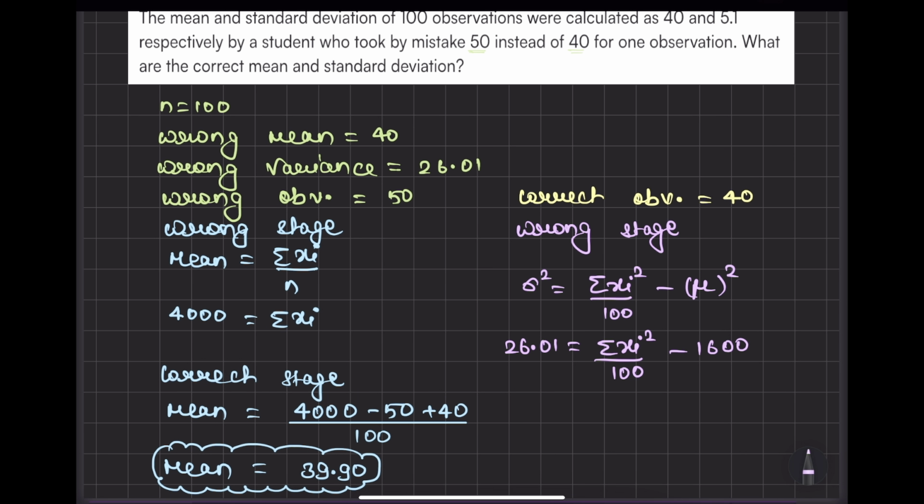Now send this thing this side, so it is the summation of xi square, wrong. It will become 1626.01, so I can multiply by 100. So it is 162601. This is the wrong sum of squares of all the elements.